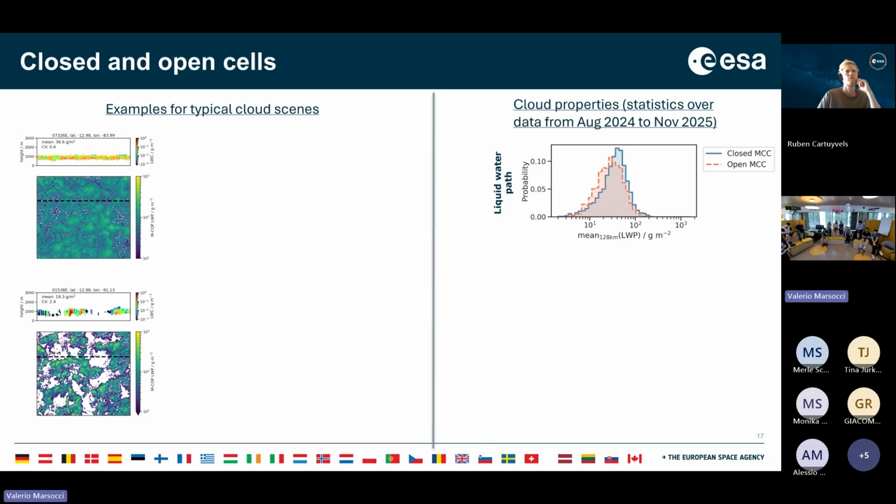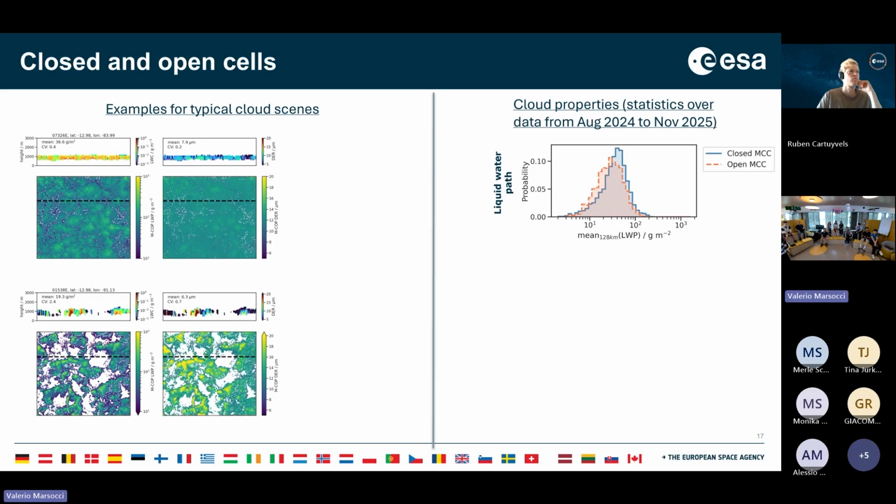What's not shown here in the statistics, but if we look at the variation, for example, of liquid water path, we see that open cells have much larger variation, which we can also see here in these examples. So we have some places where we have much higher liquid water content, and then some places where we have really thin clouds with really low liquid water contents.